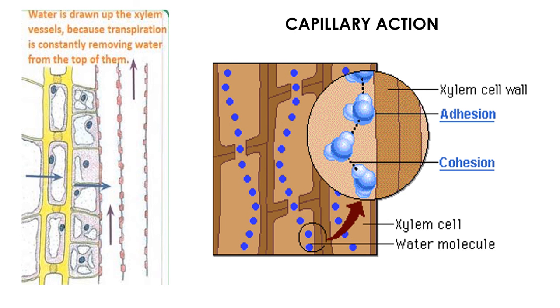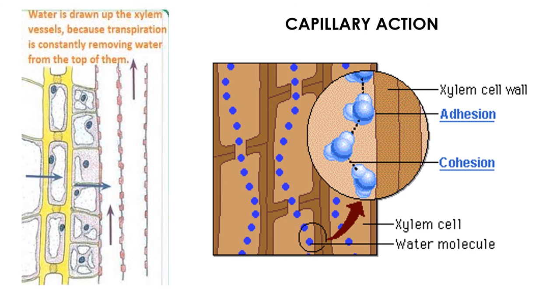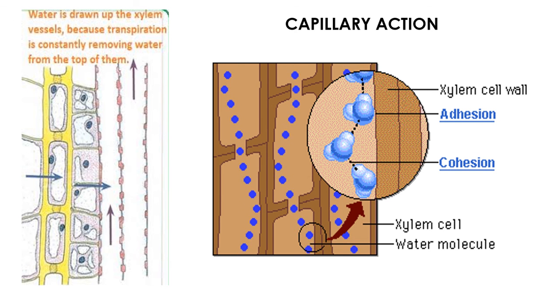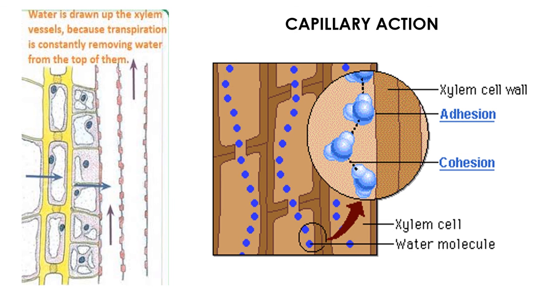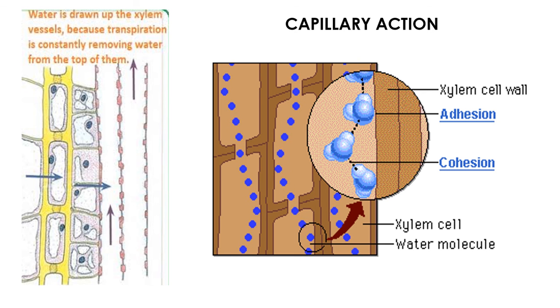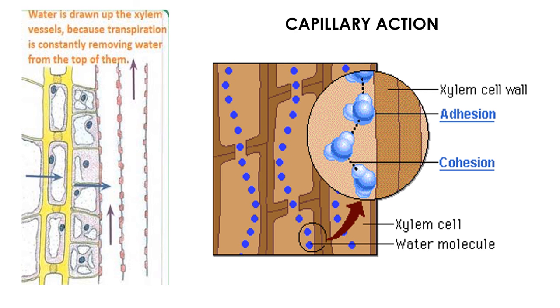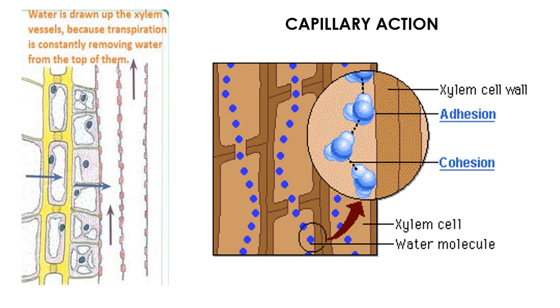These are the forces of attraction between water molecules and the surface of the xylem cell wall. The second force is cohesion, where the water molecules attract each other. Because of these forces, capillary action allows the smooth flow of water from the roots up the tube of the xylem vessel.